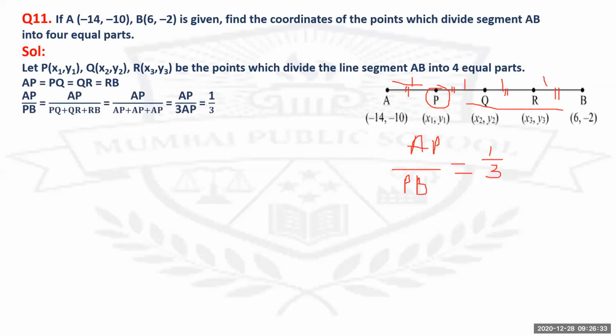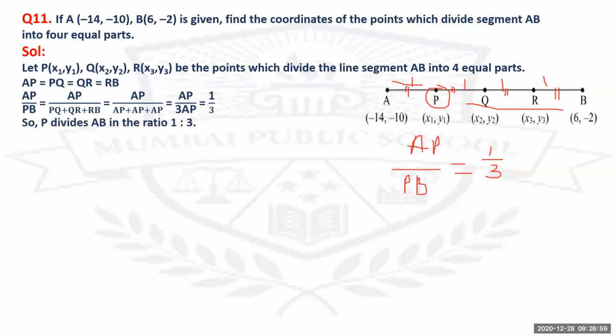So again check, AP upon PB equals AP upon PQ plus QR plus RB, which equals AP upon AP plus AP plus AP. That equals AP upon 3AP. So AP and AP would get cancelled. You'll be left with 1 upon 3.